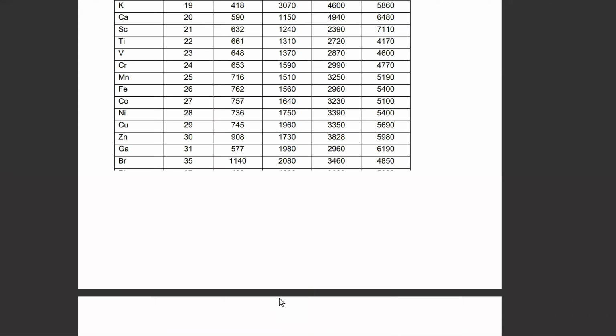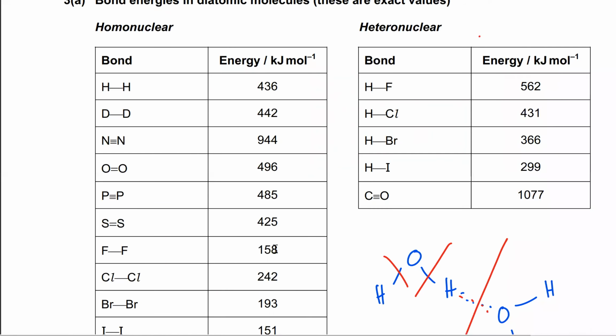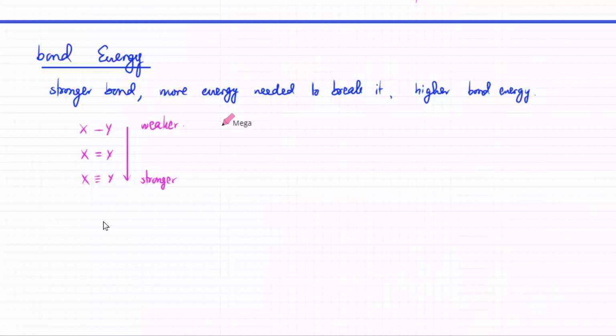If you look at the bond energy table, right at the beginning, you will see that single bonds have less energy. All of a sudden, you've got a triple bond, that's 944. Even double bonds are kind of strong. That's 496, on the higher side. Even carbon monoxide, that's a triple bond. That's really hard to break. So single bonds are weaker, triple bonds are stronger, kind of obvious.